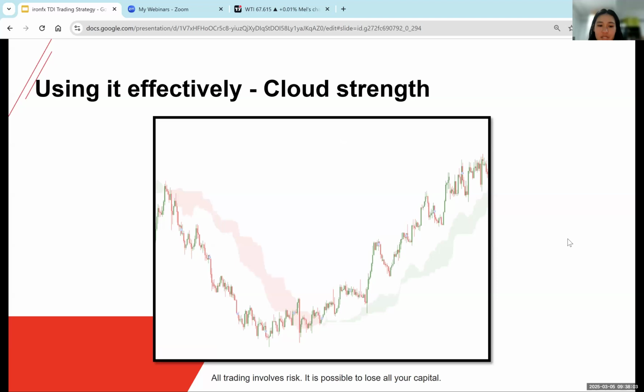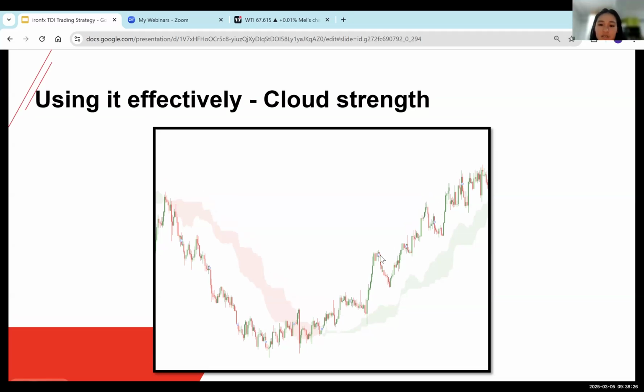Okay, so here's an example of how you simply just look at the cloud. So you can see price moving below the cloud is a bearish signal. Once it moves within the cloud, you can tell that price is kind of transitioning, or it's in a trendless movement. Once it breaks out or bounces off the cloud, then it's in a bullish trend.